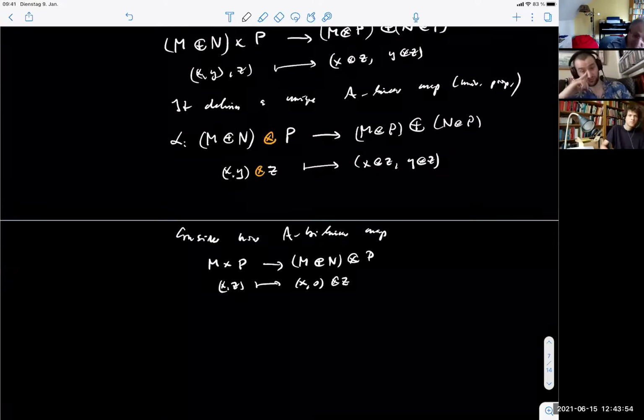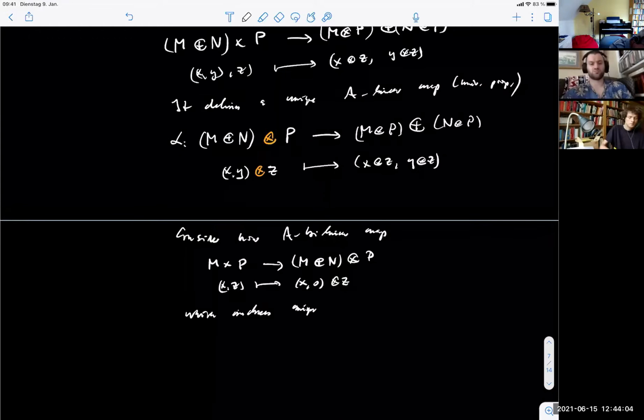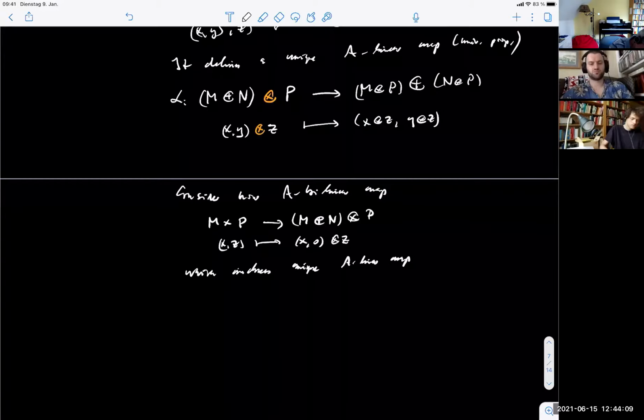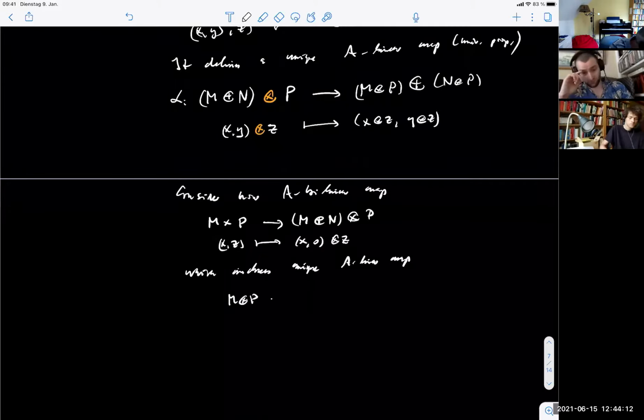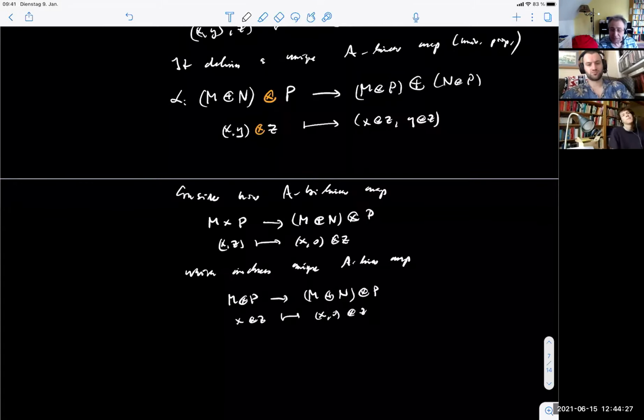This is bilinear, which induces the unique A-linear map. Now here the direct sum tensor product is characterized by the property that x tensor z goes to, just copy. So I have this A-linear map. It's well defined. It's all about well-definedness.